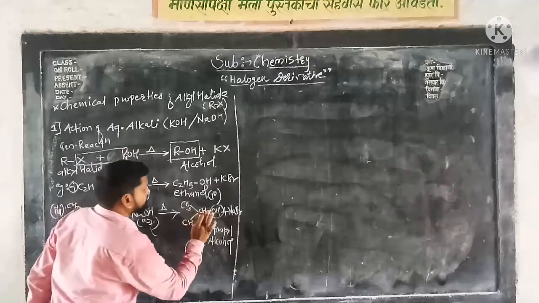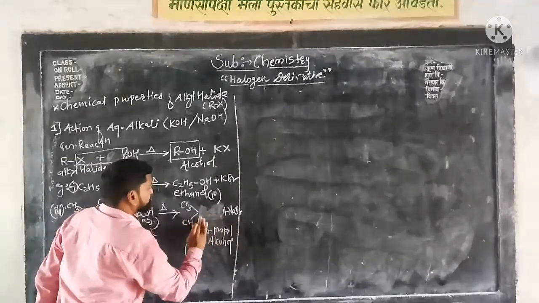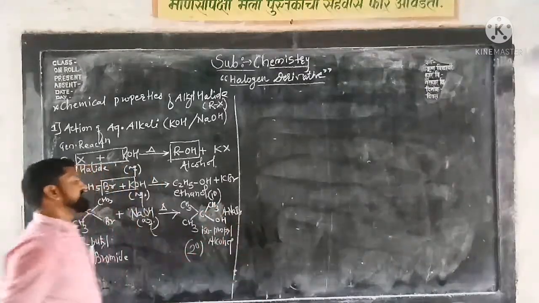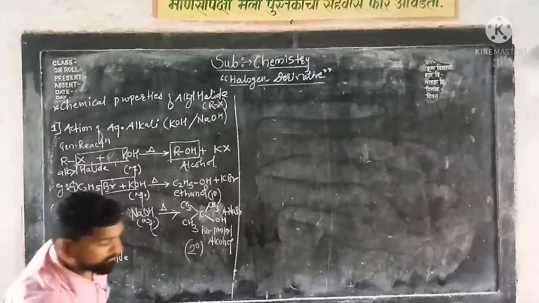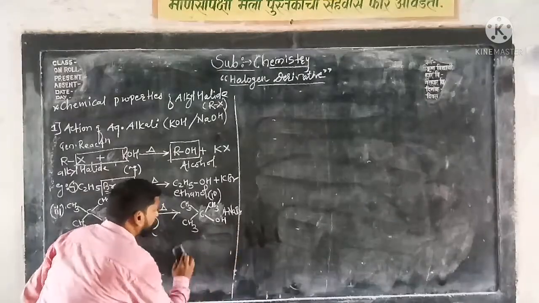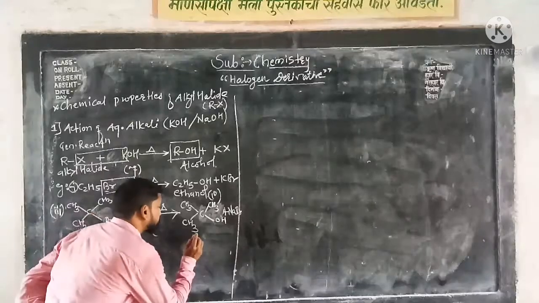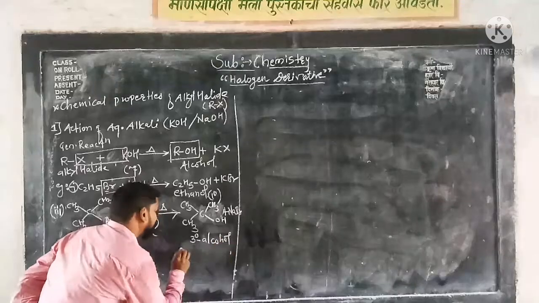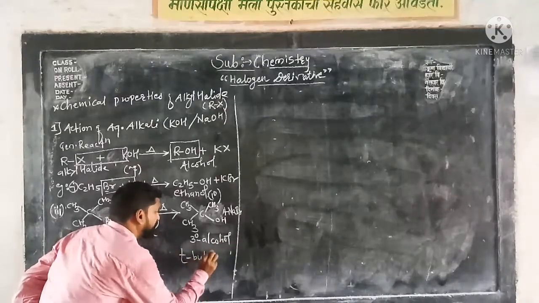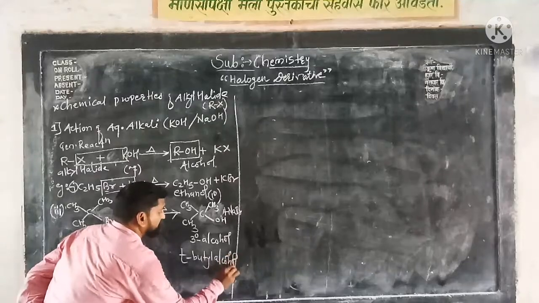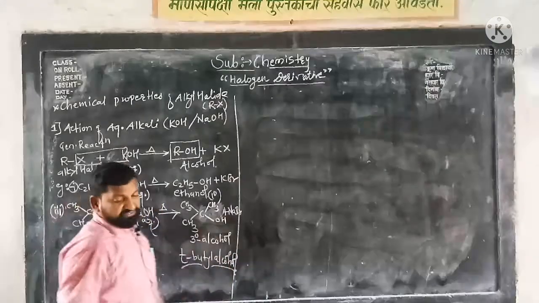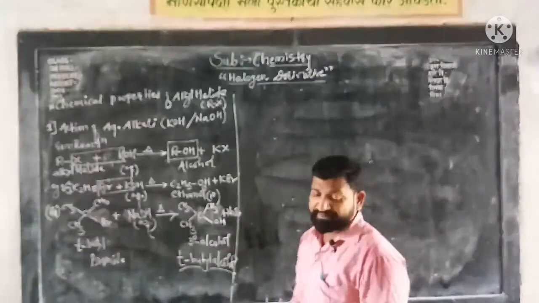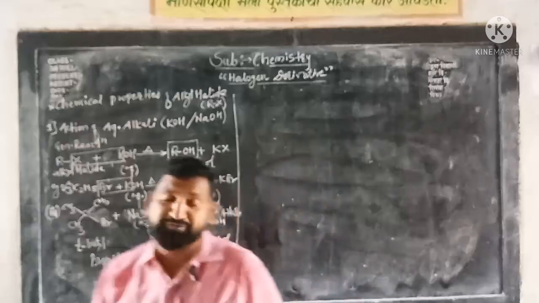See carefully what I am doing here: simply change the product, CH3 and here OH. So we get T-butyl alcohol, which is the tertiary alcohol. So this is about the preparation of alcohols from alkyl halide, a very fundamental and basic process.